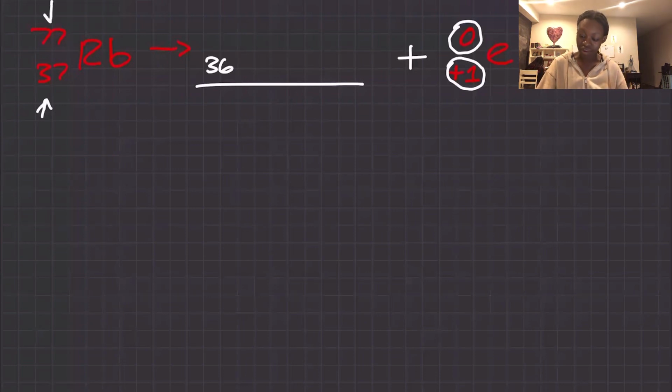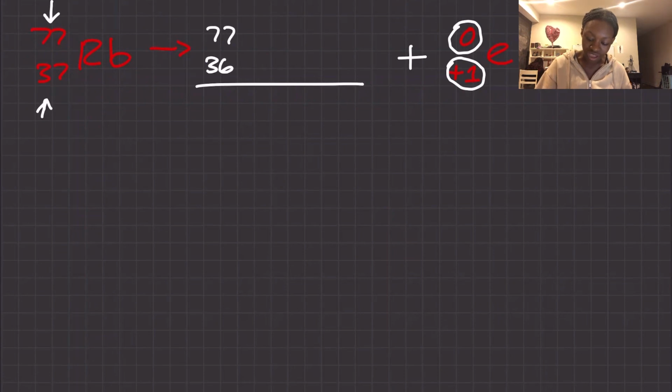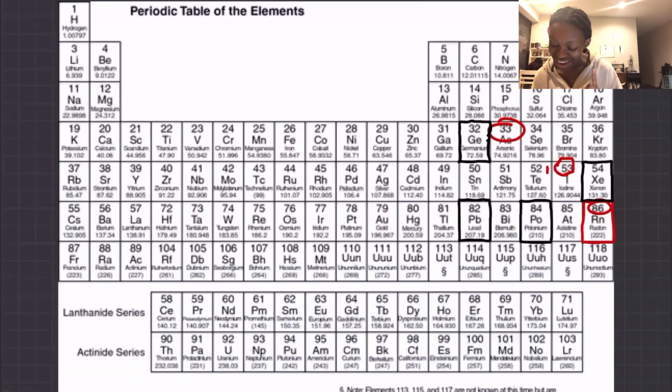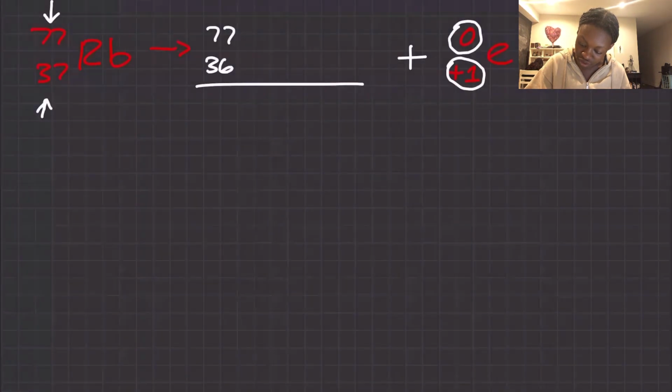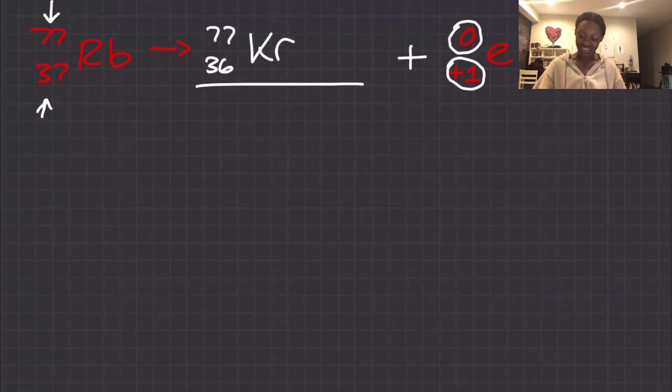So the mass number will remain 77. When we try to figure out what the element symbol is, we go back to the periodic table. We look for the element that has an atomic number of 36, and this looks like krypton right there. Krypton, which has an element symbol of Kr, and so the answer is krypton-77.